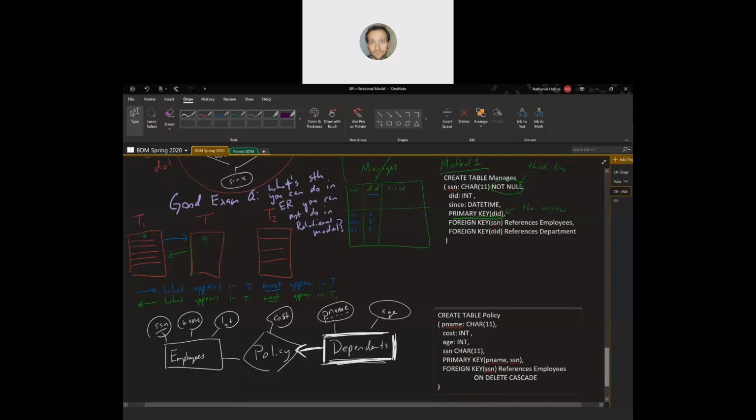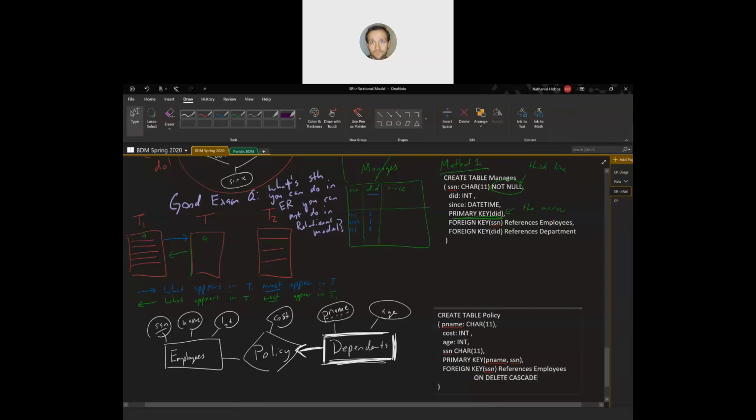So, in addition, for weak entities, the only reason for their existence is because of some other entity. That is to say that if an employee has a child that's covered by their insurance, then if that employee leaves the company, that dependent also loses their insurance. So that's what this on-delete cascade is.